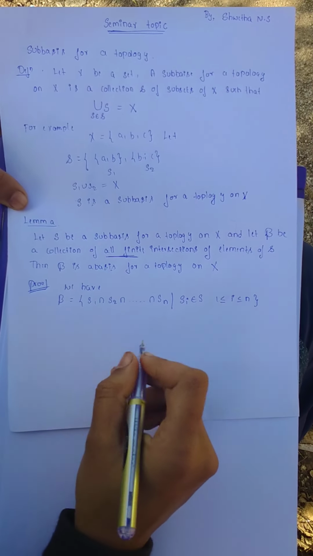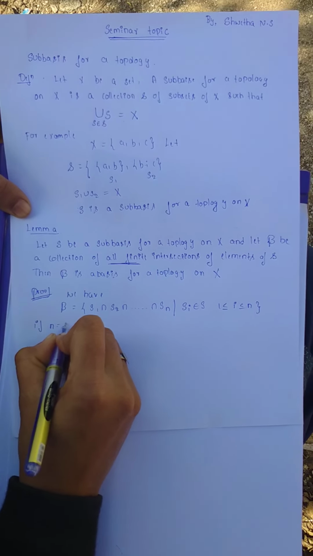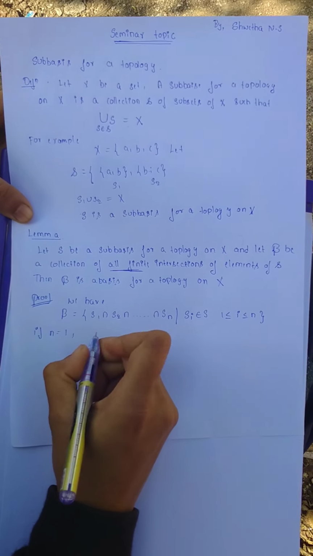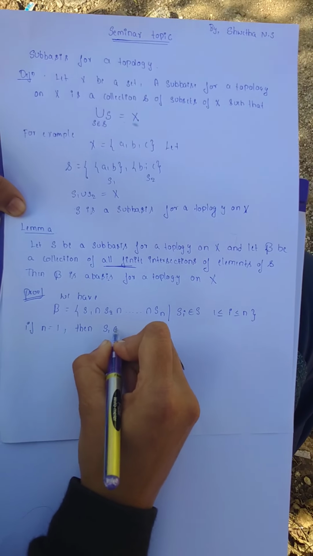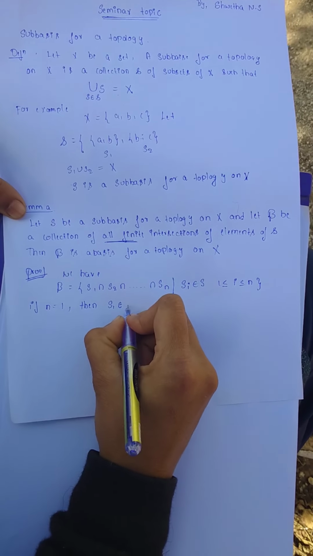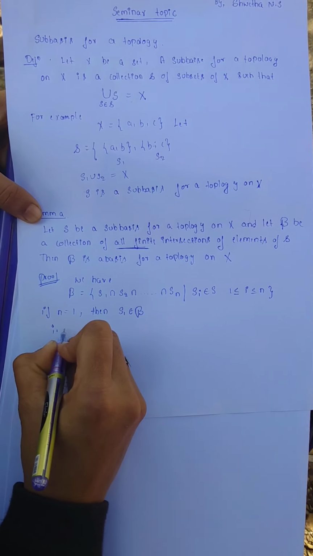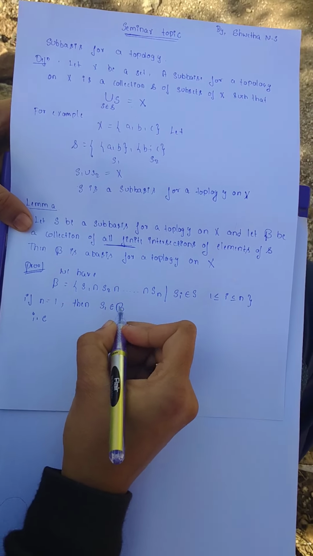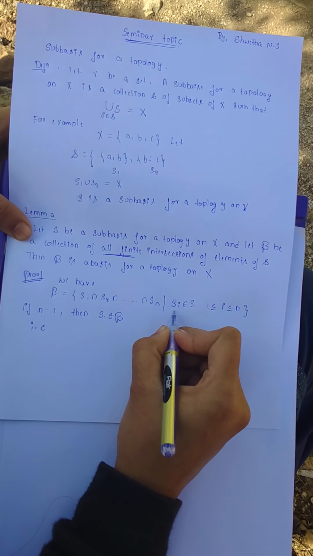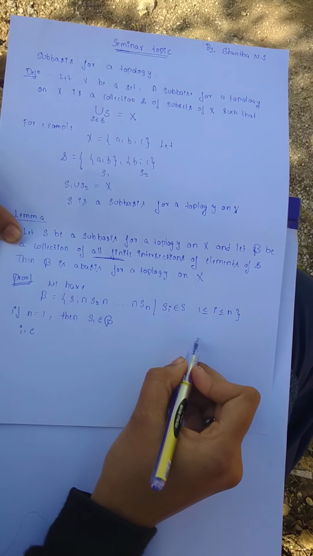If n equal to 1, then S1 belongs to B. If you take one element each time, there will be one element in the intersection.